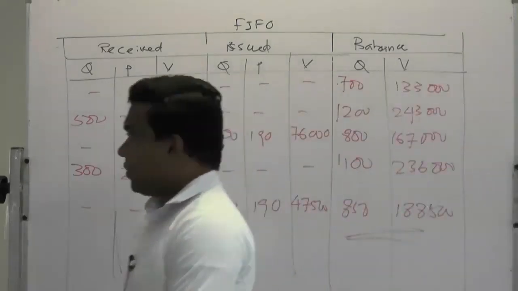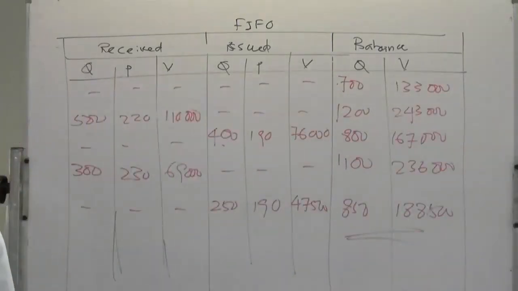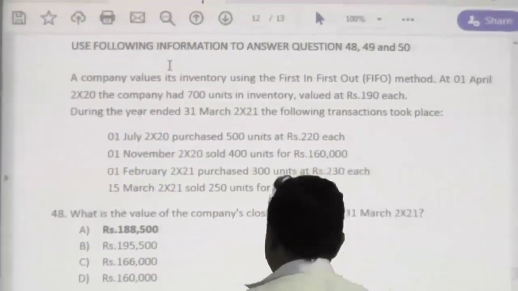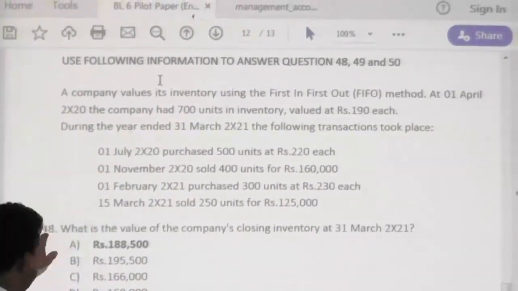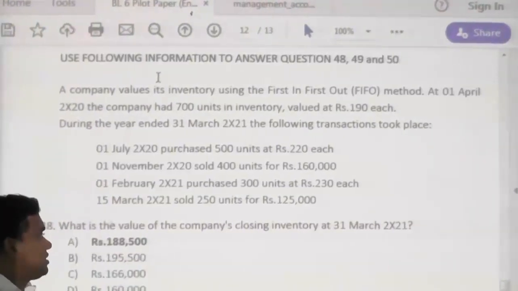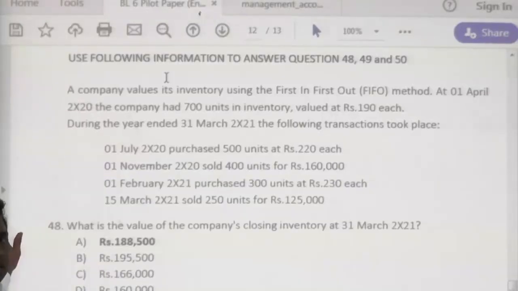Now let's see what the questions raised are. Okay, Suraj will support to turn the camera. Question number 1, number 48, right? What is the value of the company's closing inventory? Now Suraj will turn the camera on to the white screen.